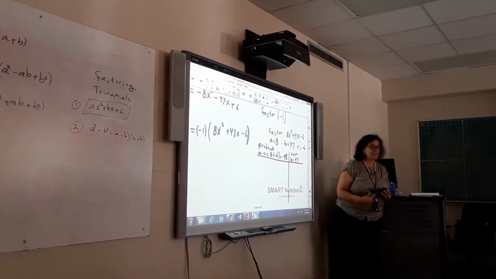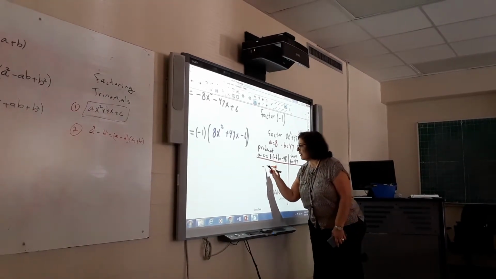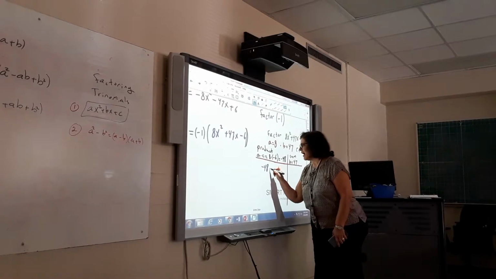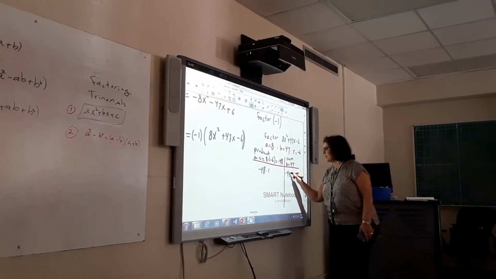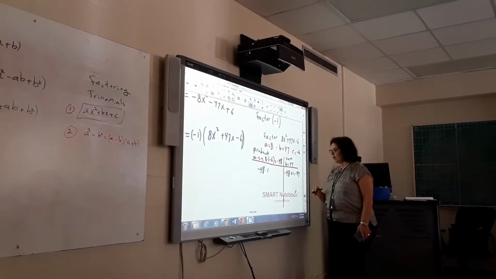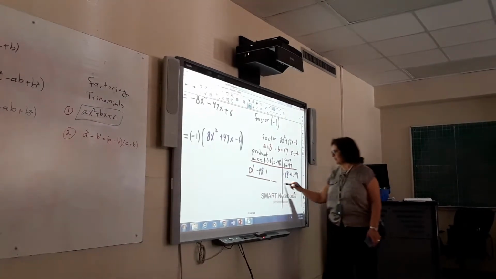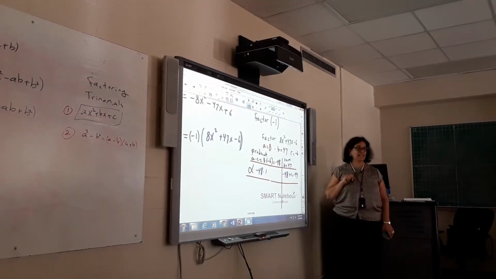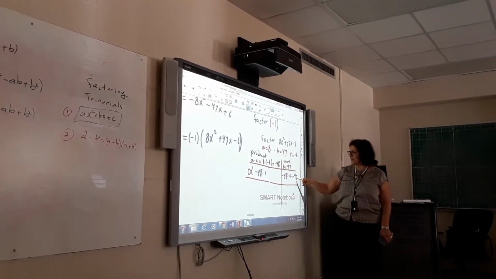Negative 1 times 48. Negative 48 and 1? No, it's 1 and 48, because negative 48 plus 1 is going to be equal to what? Negative 47. Oops, it's not going to be that. It's going to be 48. That's correct. This one. It's not negative 48, because the sum is going to be negative 47.